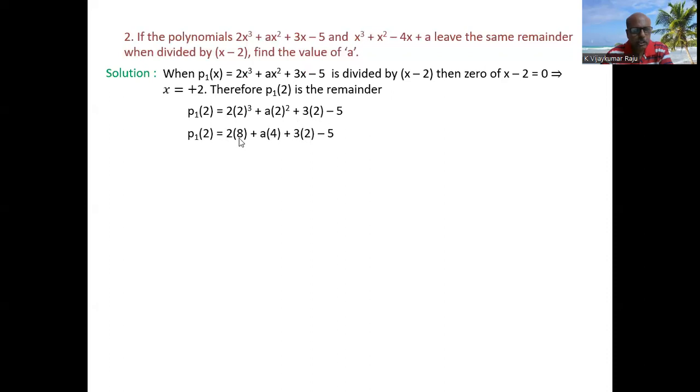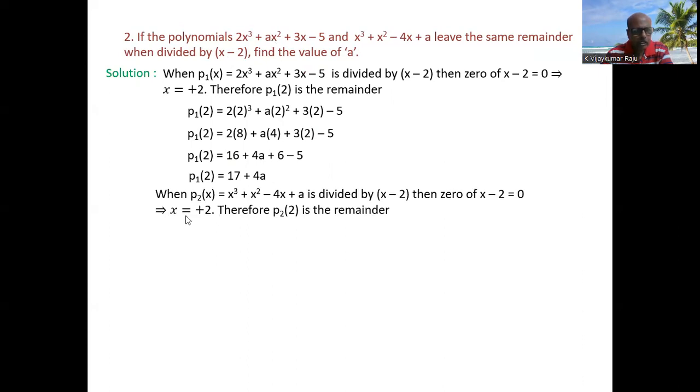So 8 plus 4a plus 6 minus 5. 6 minus 5 is 1, 1 plus 8 is 9... that is, 17 plus 4a. This is the remainder when x − 2 divides the first polynomial.